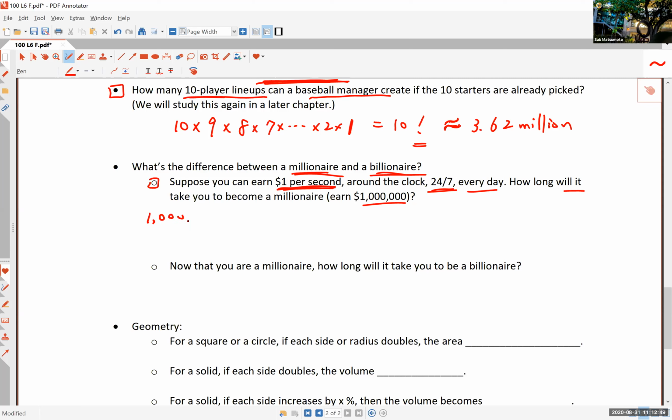You can do all that unit analysis like we did on the front page, or you can simply divide. All right, so you have $1 million. If you divide this by 60, it'll tell you how many minutes it'll take you to be a millionaire.